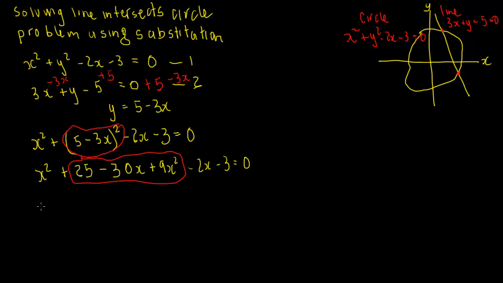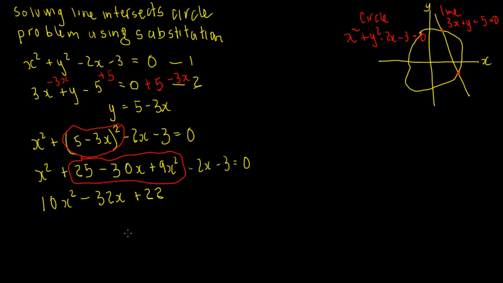So let's collect all our terms together. We've got x squared plus 9x squared is 10x squared. Minus 30x minus 2x is minus 32x. And we've got plus 25 minus 3 is plus 22.